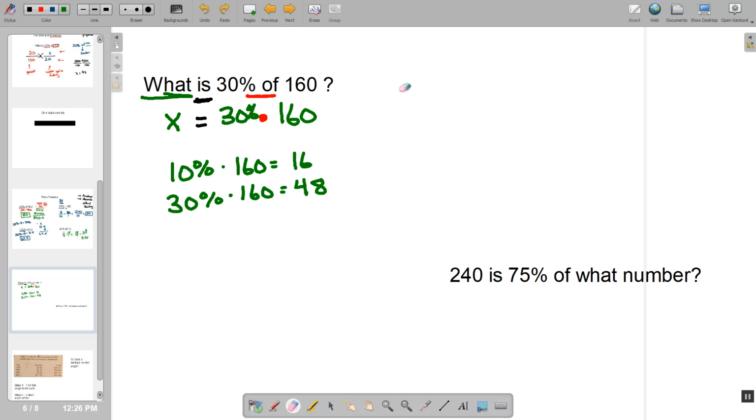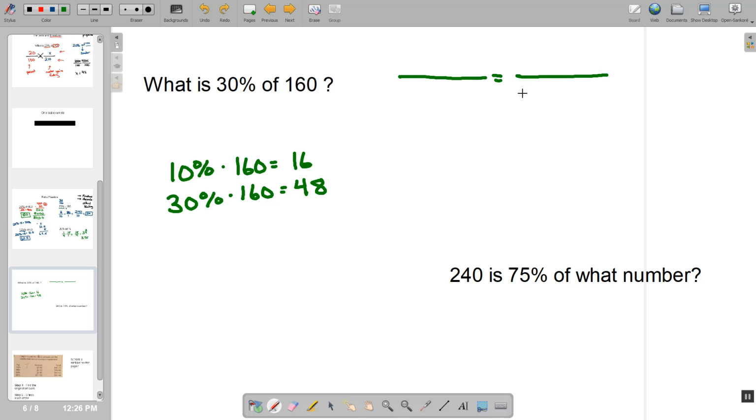Just to show the connection, we are going to do this as a proportion as well. So once again, when we set up a proportion, we have 2 equal fractions. One of them will be the percentage, and one of them will be the number we're looking for. So the percent is 30%. Okay, so 30% as a fraction is 30 hundredths.